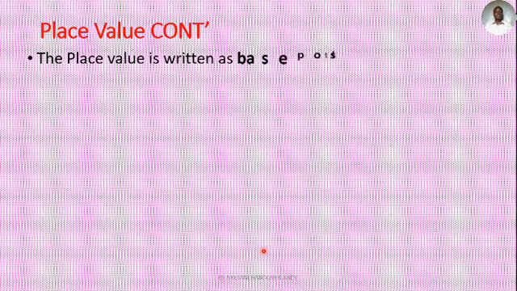Now, as we continue, the place value is written as the base, with the position as the power. So the base, if you are dealing with the decimal, will be 10. If you are dealing with binary, it will be 2. If you are dealing with octal, it will be 8.